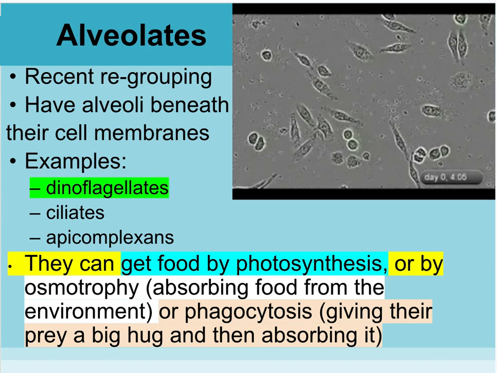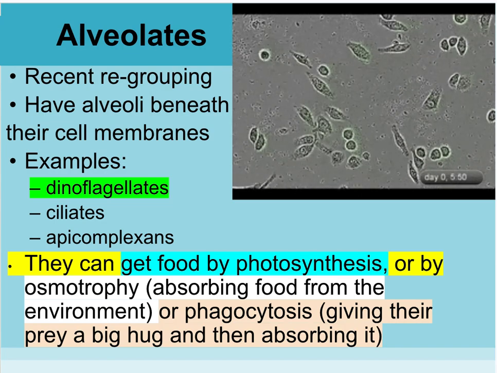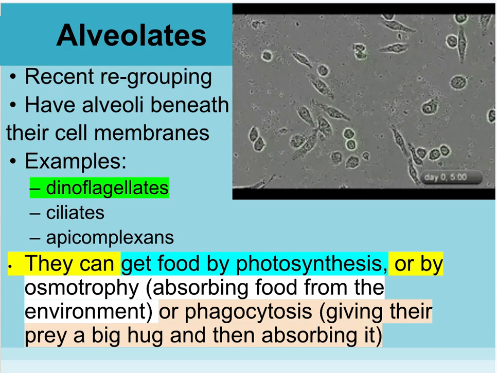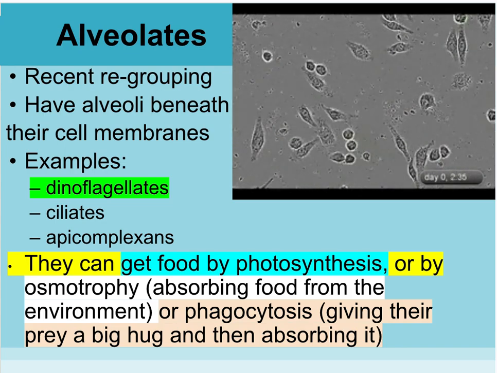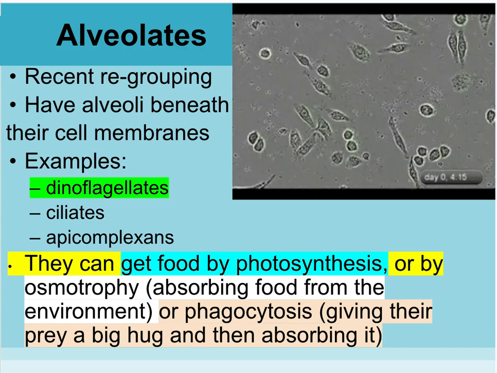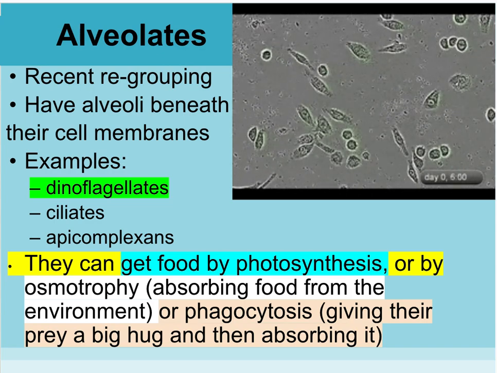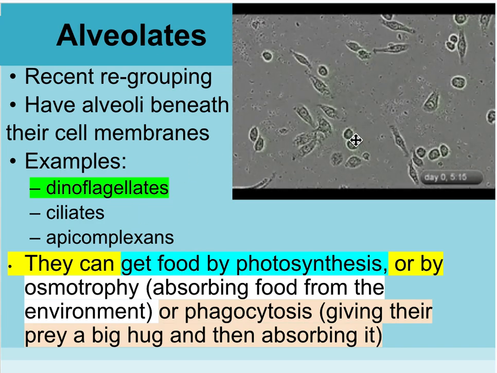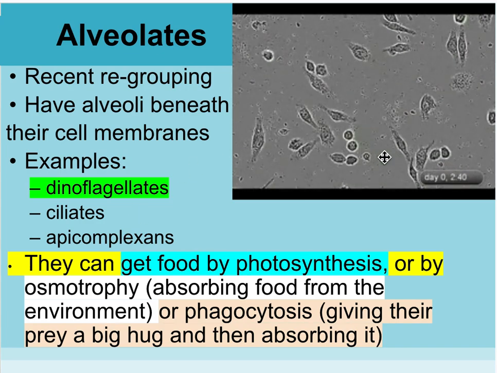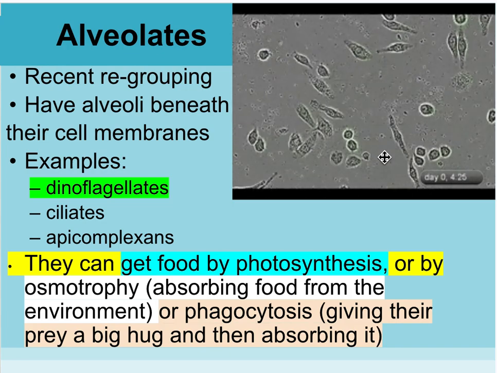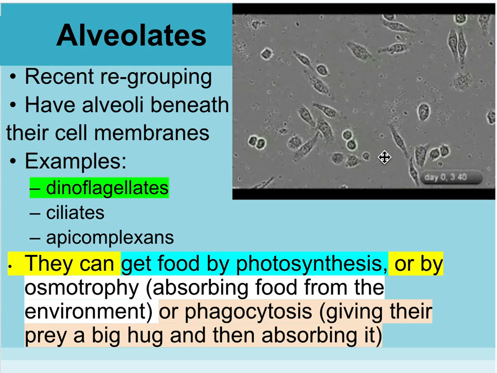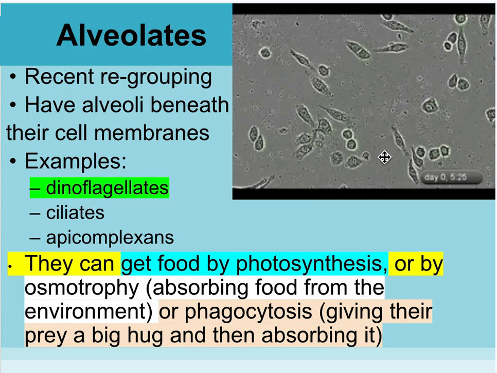Okay, so the alveolates. Examples of these are the dinoflagellates, and these can get their food by photosynthesis or osmotrophy, which is just absorbing nutrients from the surrounding environment, or like in this little gif here, they can get nutrition by phagocytosis, where they basically just go up to something, give it a big hug, and it gets absorbed into their body.